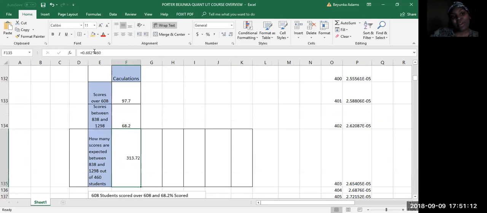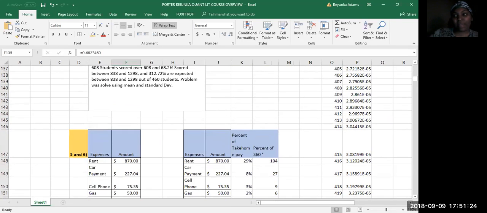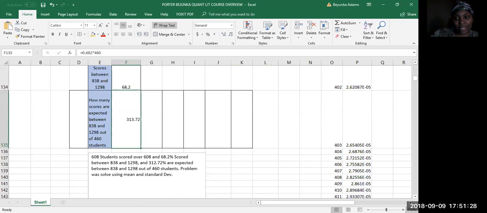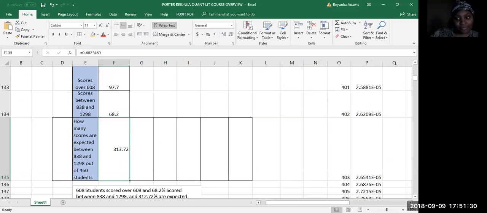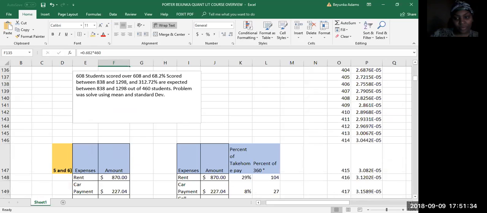Well, if you did a formula right here, 0.682 times 460, we got 313.72. And this is my summary box right here. Can you see that? All right.